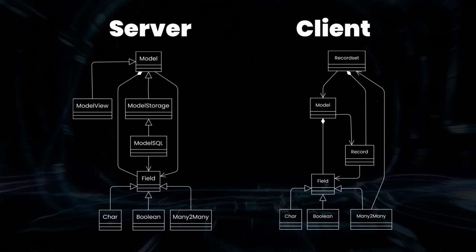On the server side, you'll see classes that deal with storage and backend logic. On the client side, although we share similar concepts, the purpose shifts. Now, at first glance, the client-side classes may look like a port of the Python code from the server. You'll see classes like model and field, and the naming feels familiar. But this is not a one-to-one mirror.